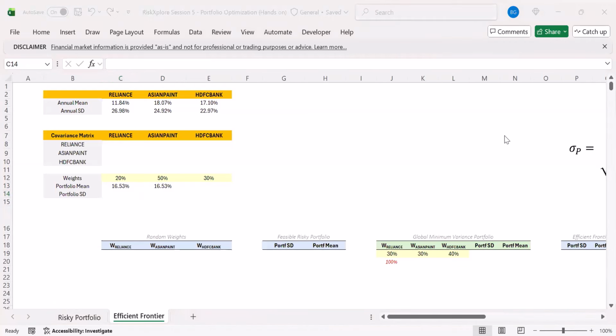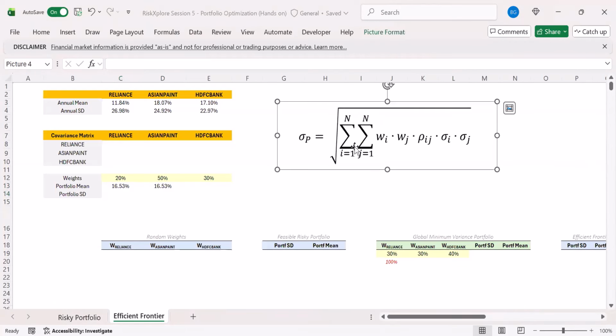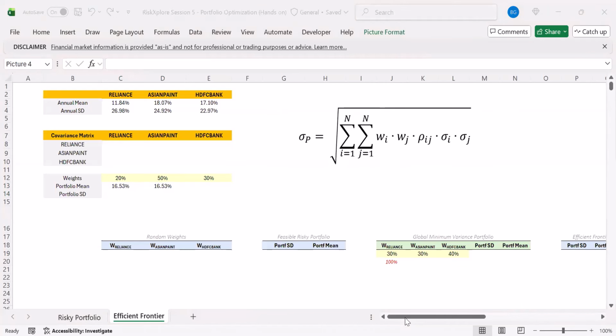There are multiple ways. You can see that this is the formula for finding out portfolio SD if there are more than one assets, more than two assets. We will come to that. We will come to covariance, but let me show you other ways as well. So without knowing covariance, how can we do that?